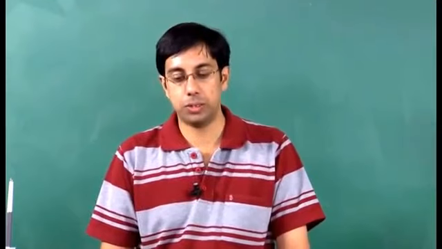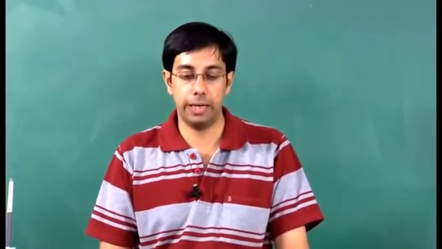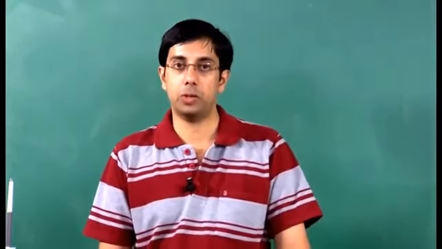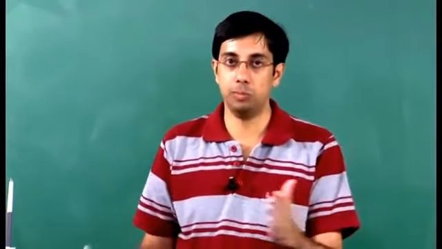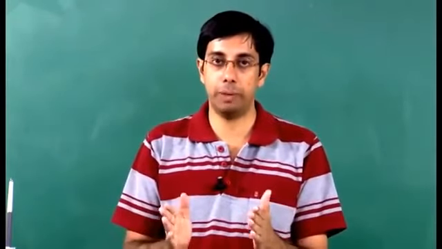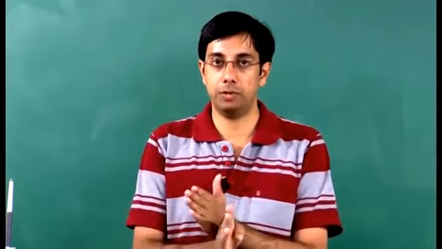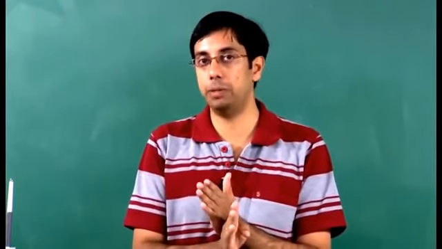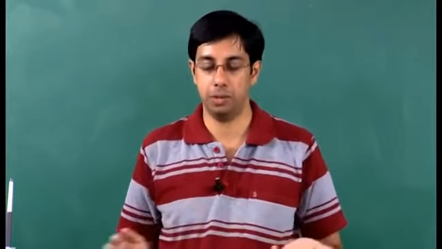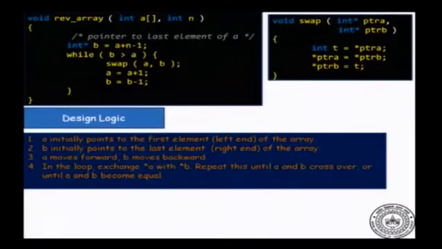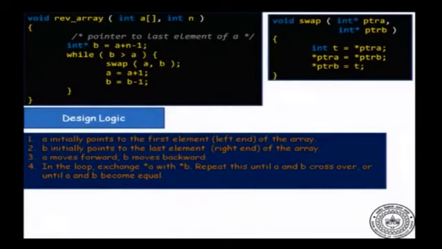So do this repeatedly until A and B cross over, because when A is moving forward and B is moving backward, the middle of the array is the point where A and B cross over, or the point where A and B meet. Okay. So this is the very simple logic for reversing an array.